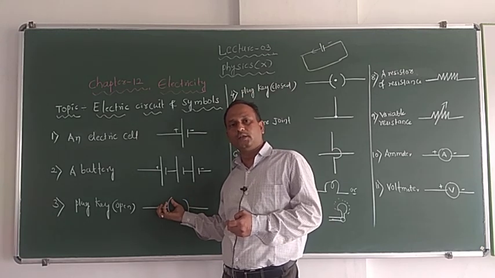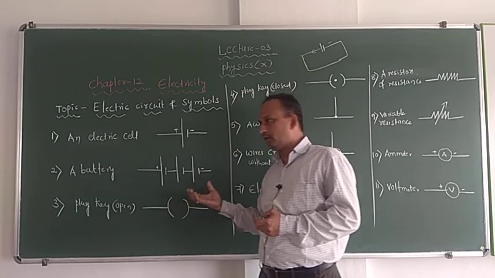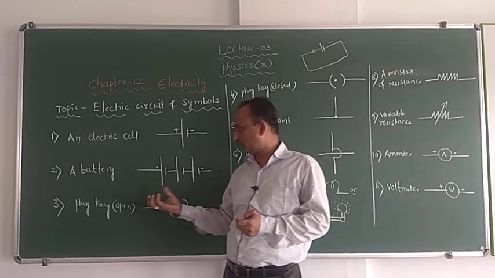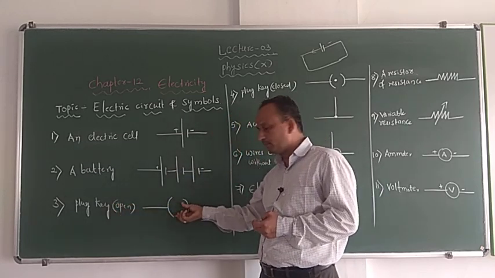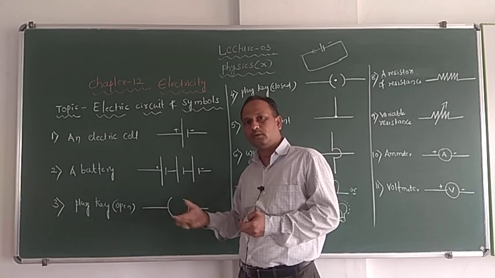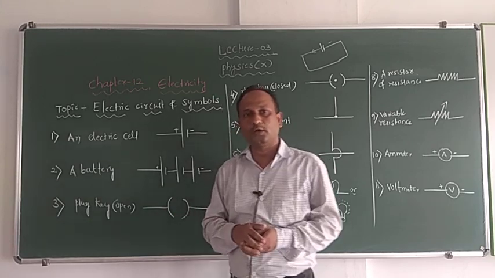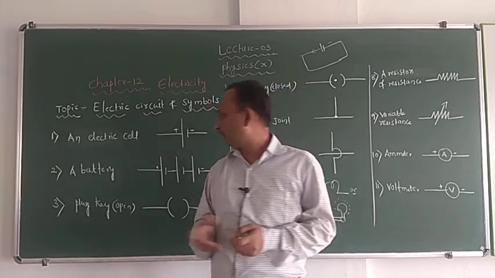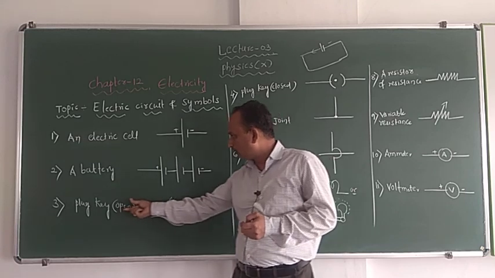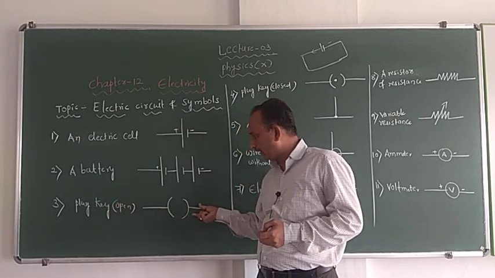Whenever we want to stop the flow of current, we just need to open the key. When the key is open, the flow of current is totally stopped. The symbol of the open plug key will be like this.